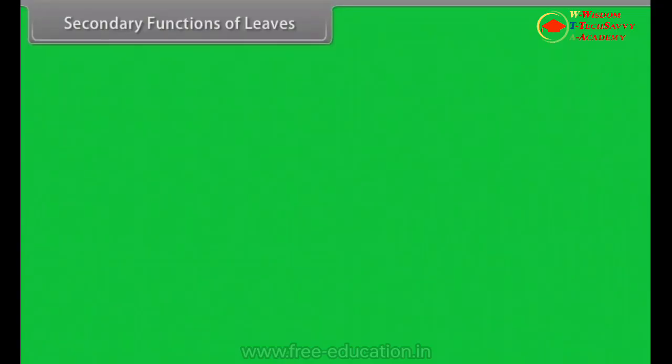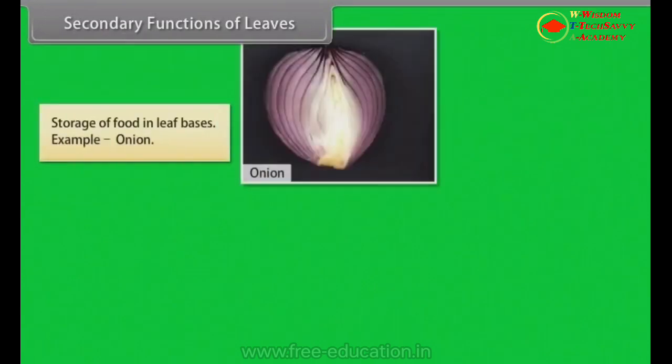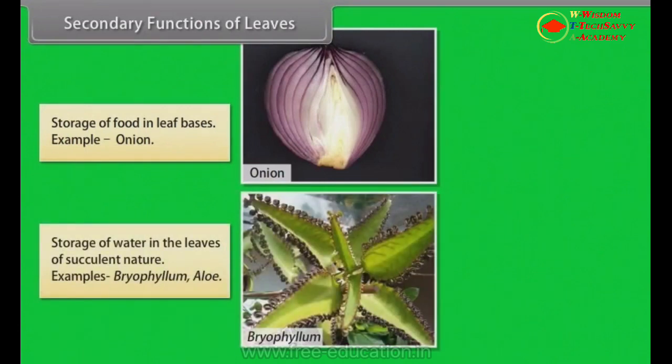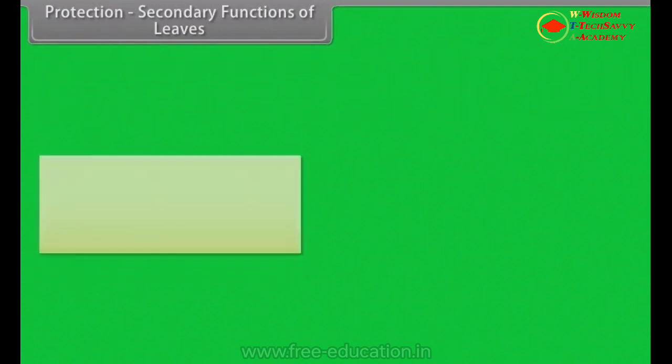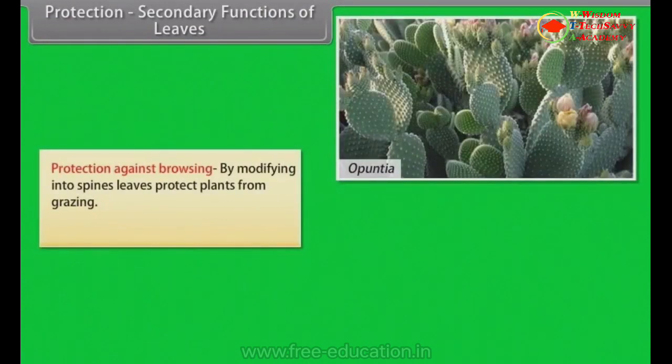Secondary functions of leaves. The storage of food in leaf bases. Example, onion. The storage of water in the leaves of succulent nature. Example, Bryophyllum, Aloe. Protection. Protection against browsing.